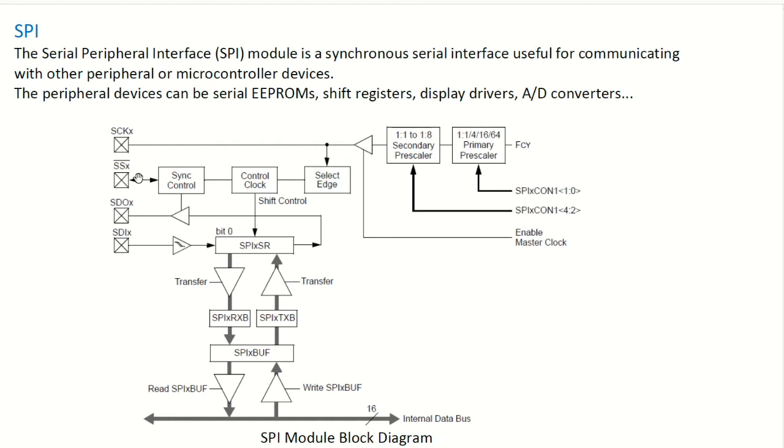Then you have a serial clock that is always imposed by the master, and you also have a chip select that can be used with this or with an external digital output. I'm not going into details, but I just want you to know that these are very common.